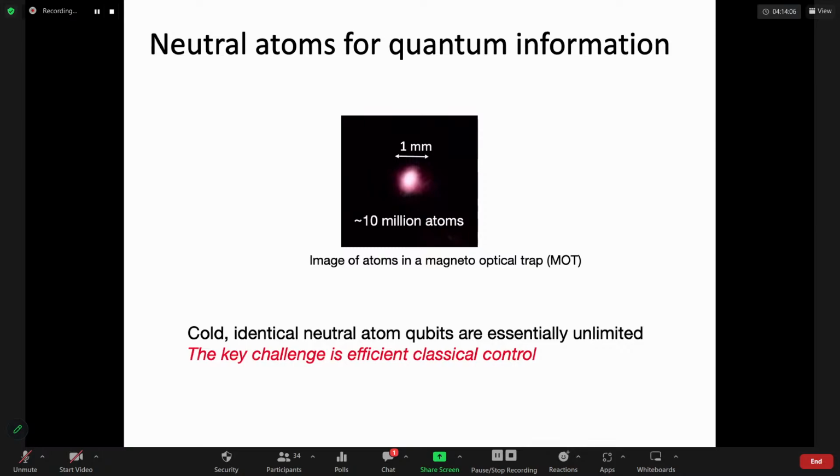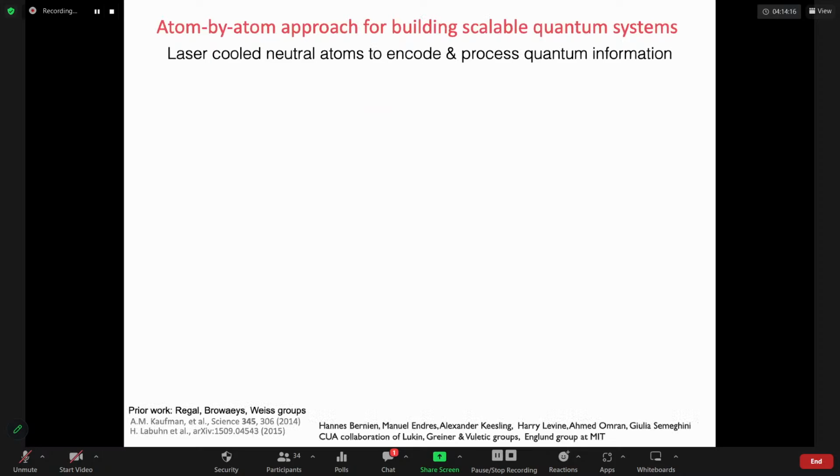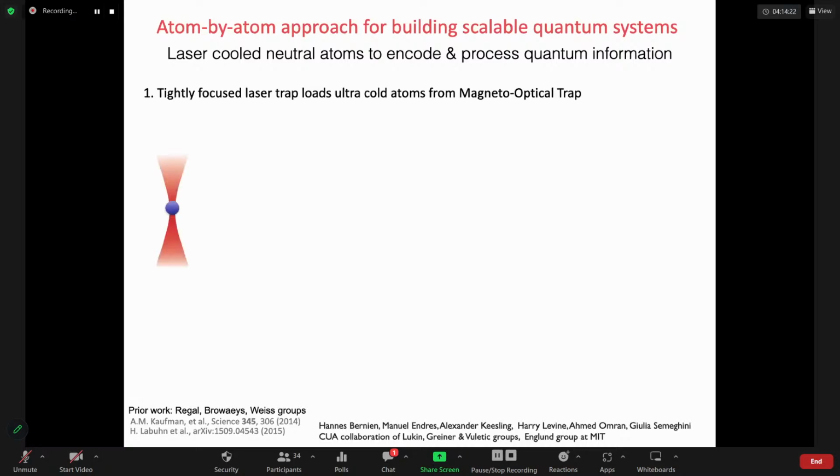So motivated by this observation, in my talk and in a couple of other talks in the session, we will be building these quantum systems literally atom by atom. And we will do it by using a tool called an optical tweezer.